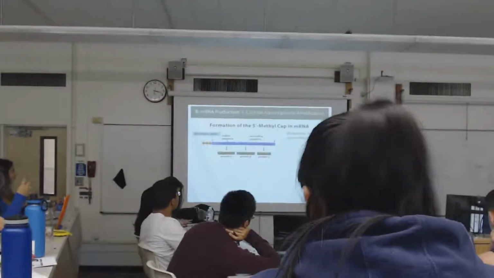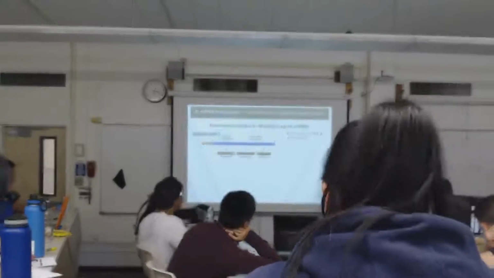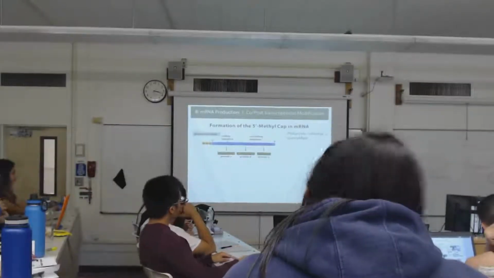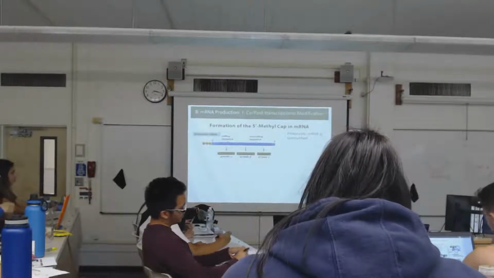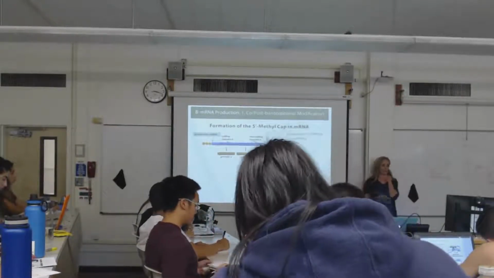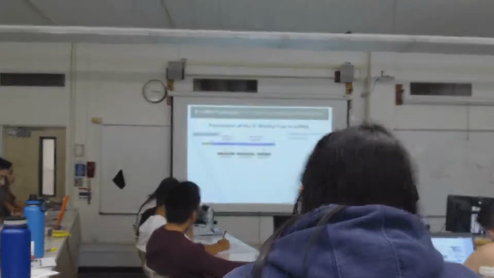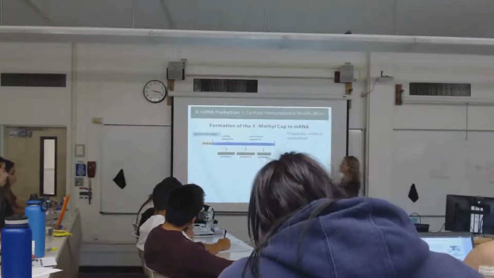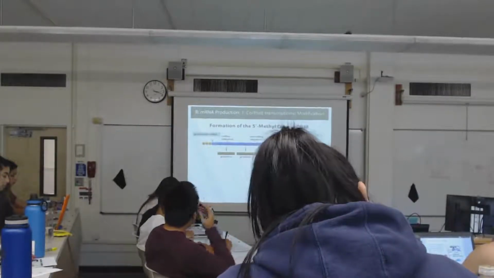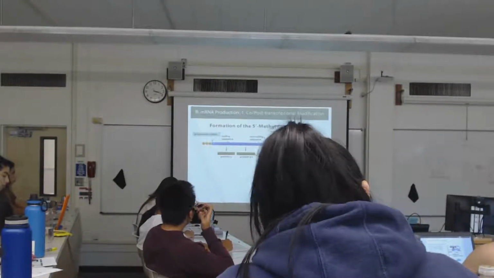Okay. So let's talk about the 5' cap first, because it's what happens first. And so prokaryotic mRNA is largely unmodified. So it doesn't have this 5' cap. And in fact, when the transcripts are produced, they don't have a nucleus, right?